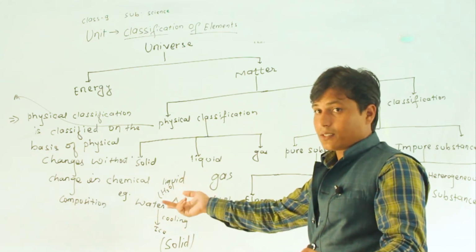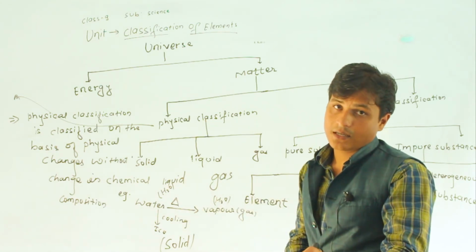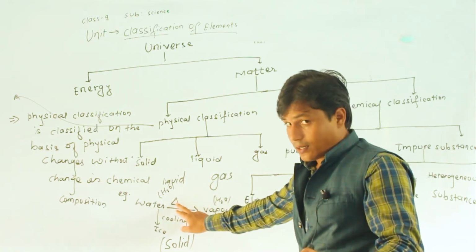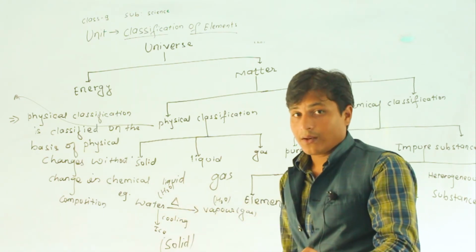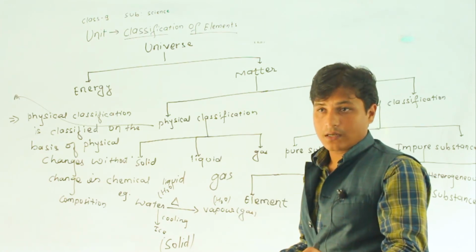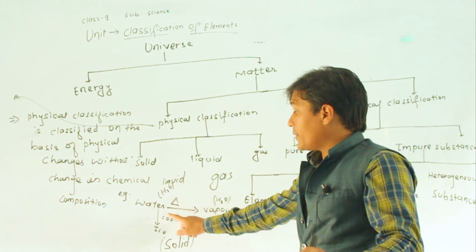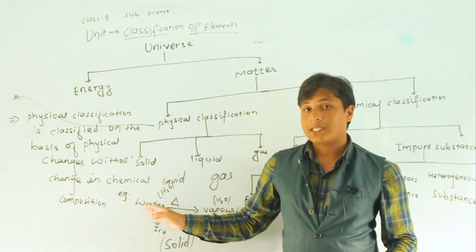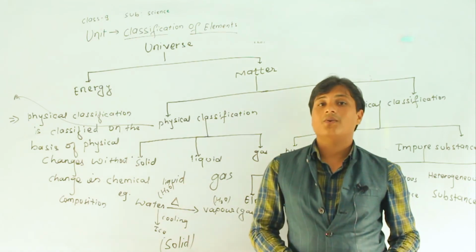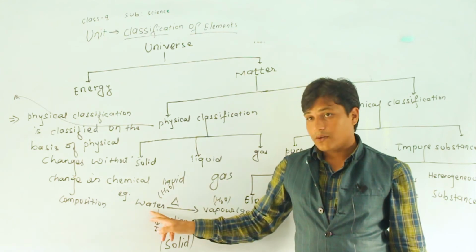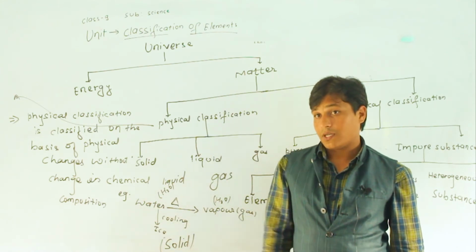Initially water is liquid, after heating water becomes gas. And in another example, water changes into ice when it is cooled, means lower the temperature. Lower the temperature, water becomes ice, so liquid changes into solid.